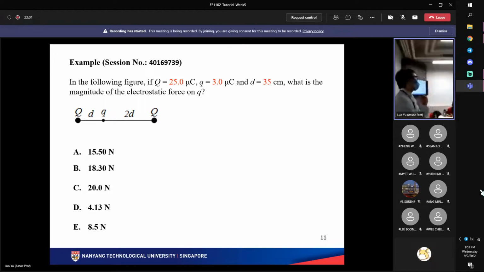So look, these are some questions related to your quiz 2. Quiz 2 will test a similar question like this one. So do pay attention here and try to solve this one to see whether you can get the right answer. If you can, then let me know, or tell me what is unclear.